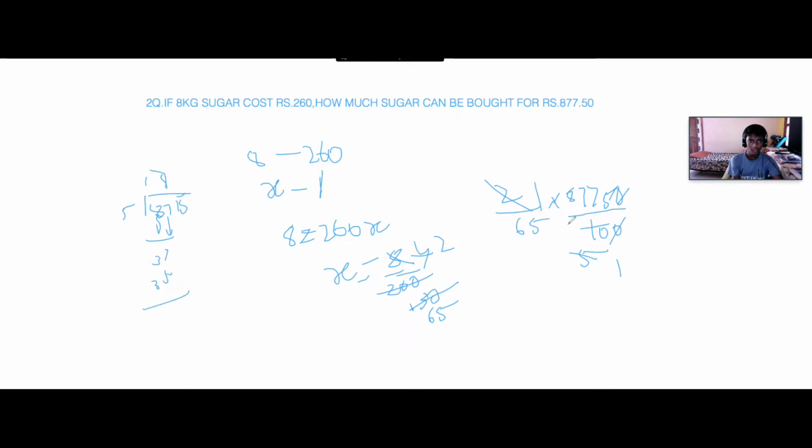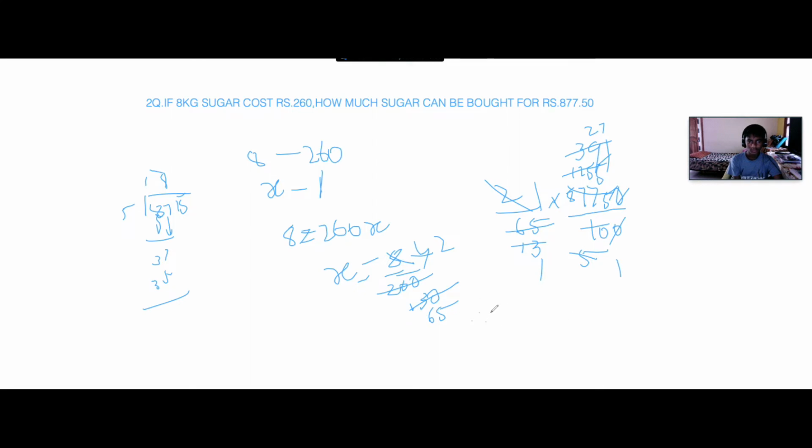Then five 13s are 65, five 3s are 15, and so on. So the answer is 27.